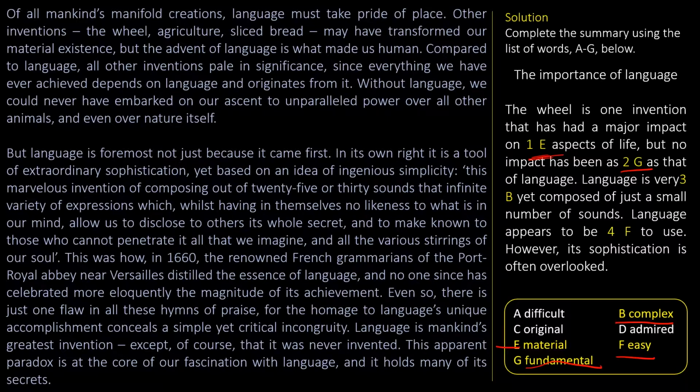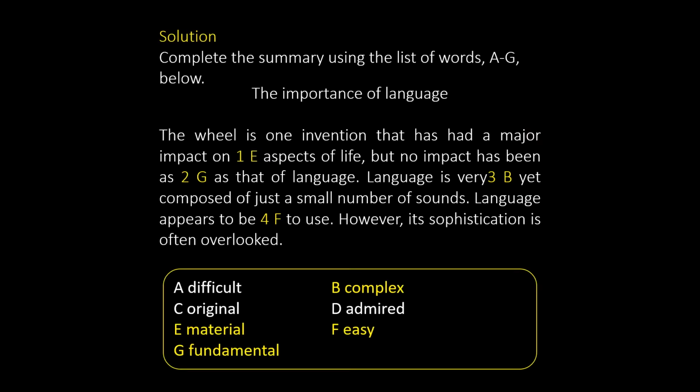If not, no worries. We'll see how to solve this kind of question, which may help you find the answers easily. Let me show you the answers in a bigger view so you are not missing them: E, G, B, and F. Clear about this, I hope.